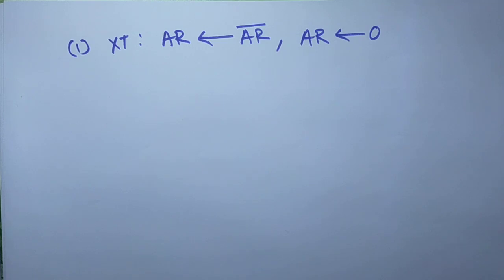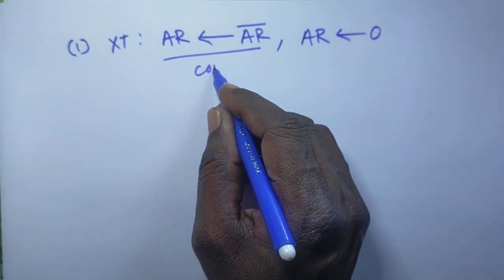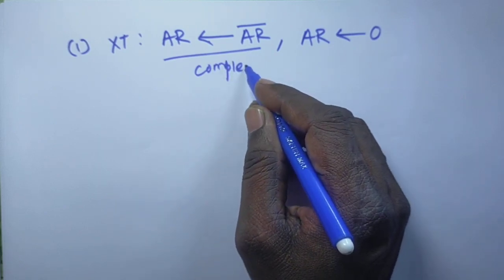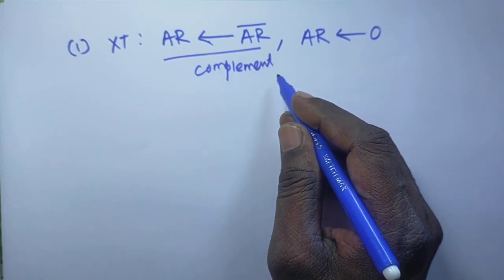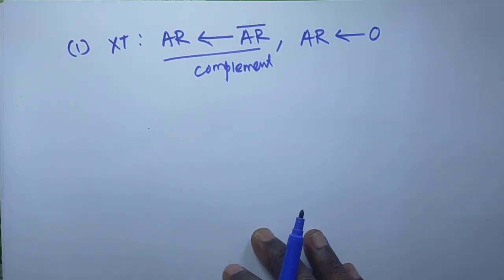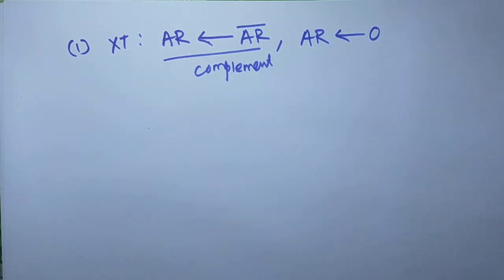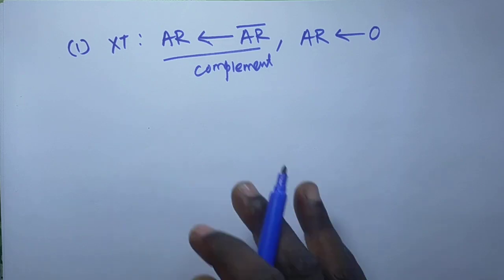This cannot be possible at the same time, because one is a complement and another is some data assigned to AR. Both data cannot be transferred to AR at a time.